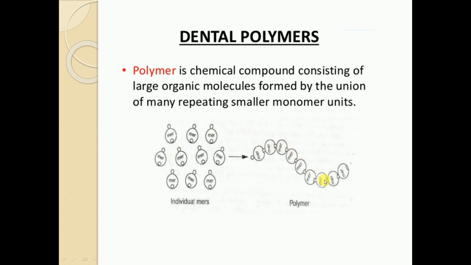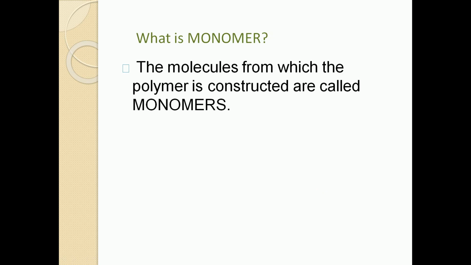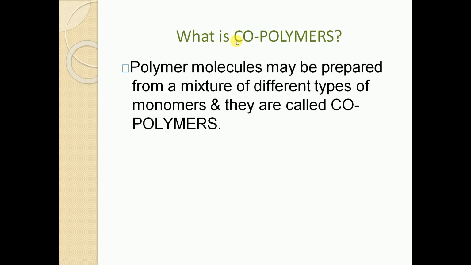This is known as a polymer. What is a monomer? The molecules from which the polymer is constructed are known as monomers. What are copolymers? A polymer molecule may be prepared from a mixture of different types of monomers, and they are called copolymers.